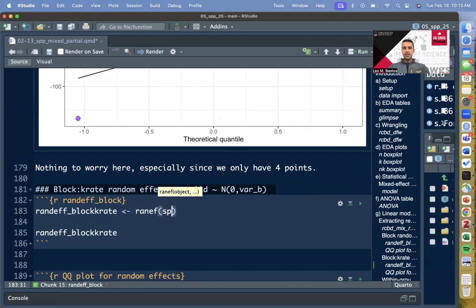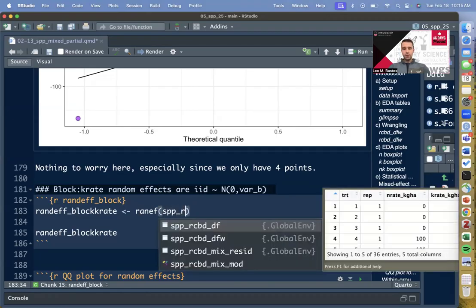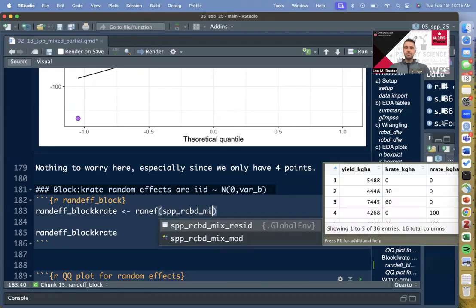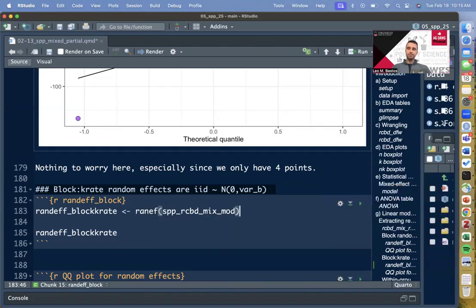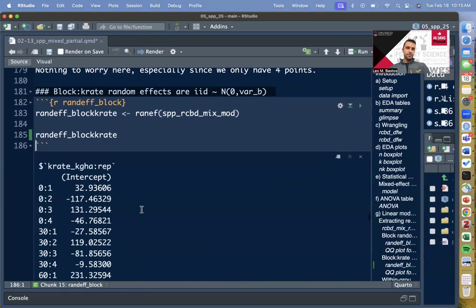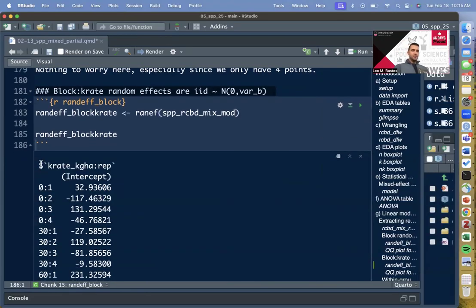Our model again is SPP_RCBD_mix_mod. We're going to use that $ again. Well, let me first delete the $ and just print it, because you're going to have to copy this with those quotation marks or brackets, but I'm not sure how that's called.